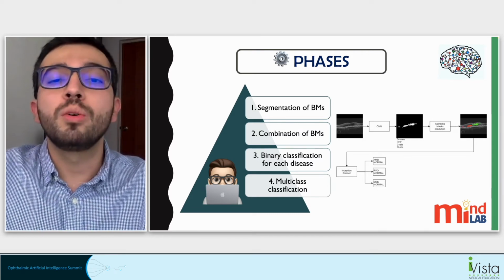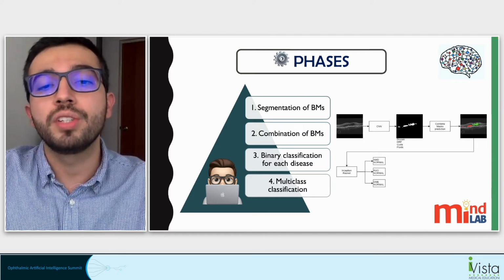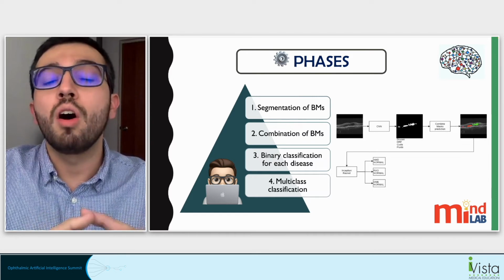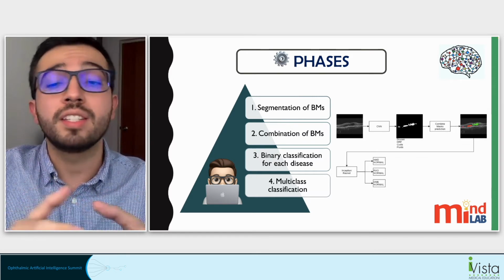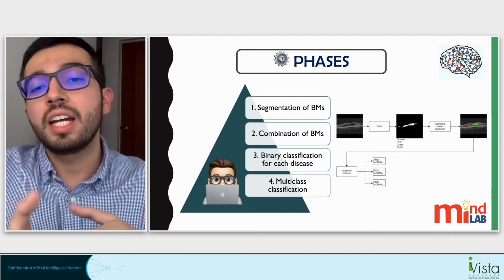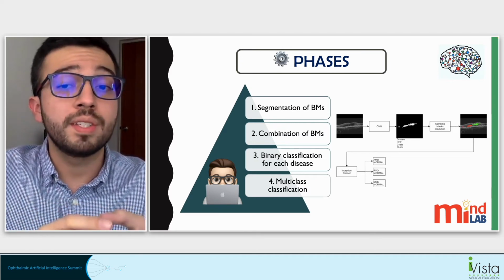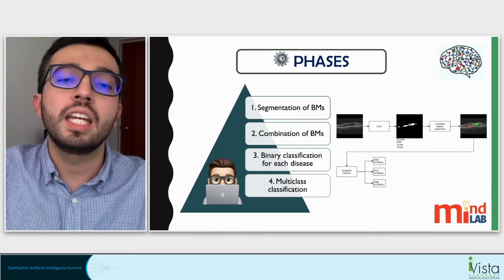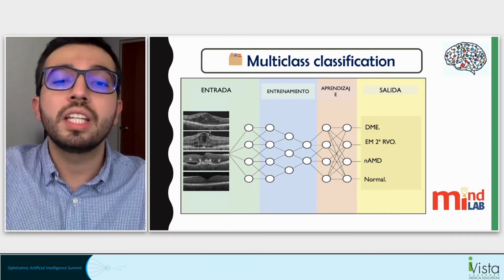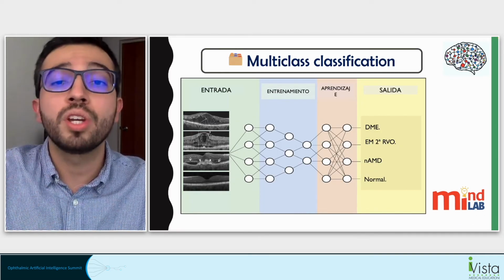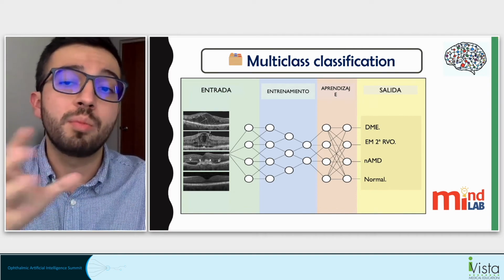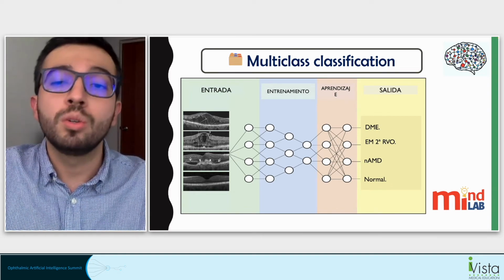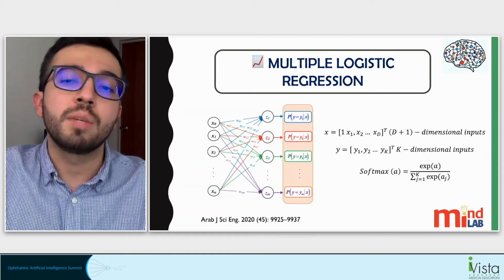This was made to achieve binary classification for each disease, which means the design of 3 separated architectures for analyzing one single scan and recognize the presence or absence of each disease in every single scan. And of course, the multi-class classification approach that joined the previous separated architectures in order to classify these images.